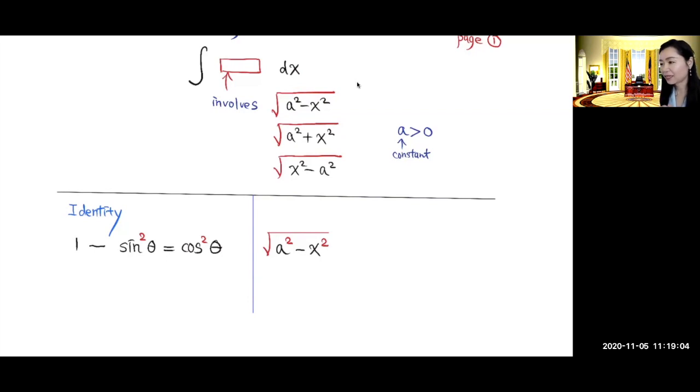So the point is, how can I get the inside to be a perfect square? Looking at this identity will give us some idea. Think about this a corresponding to this 1, and this x squared corresponding to this sine squared.